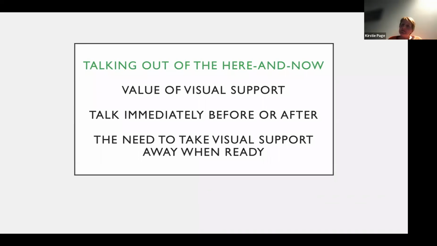And a really important skill that is crucial in language development, but crucial for a child to move on and engage in a lot of our teaching and learning experiences, is the ability to talk out of the here and now. And if language is going well, normally children make this shift after the age of 3.